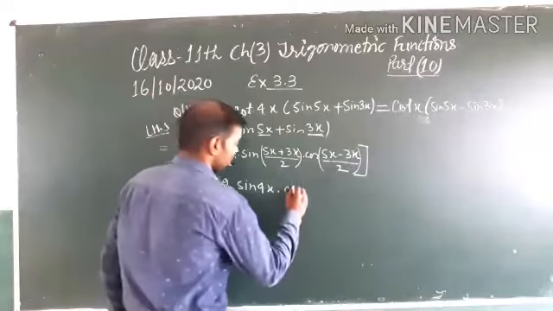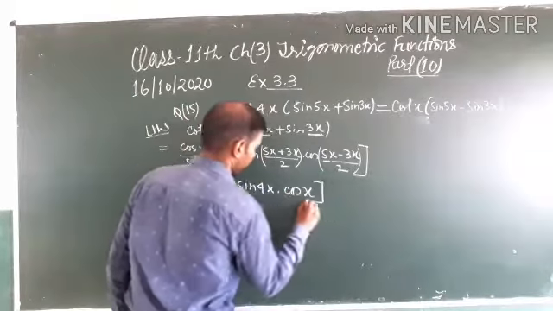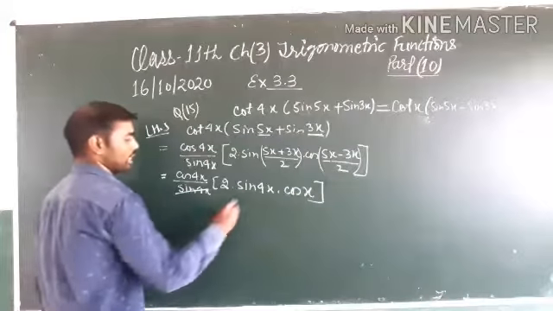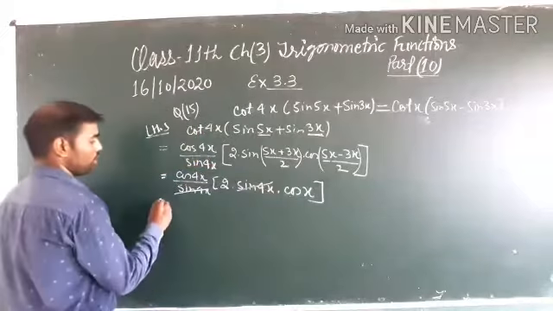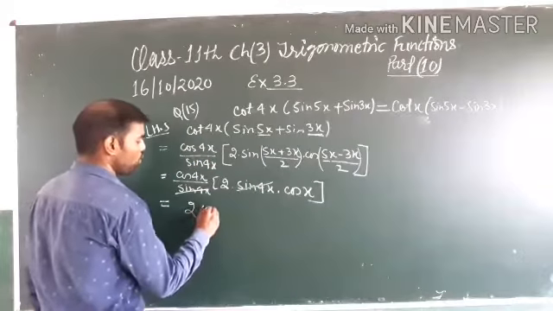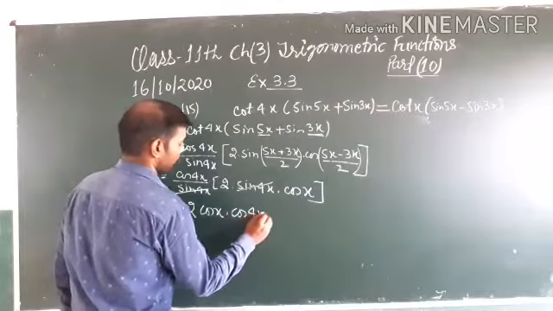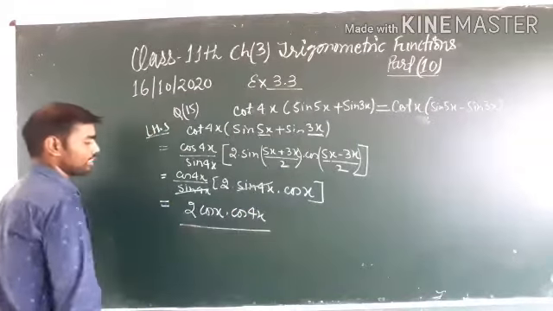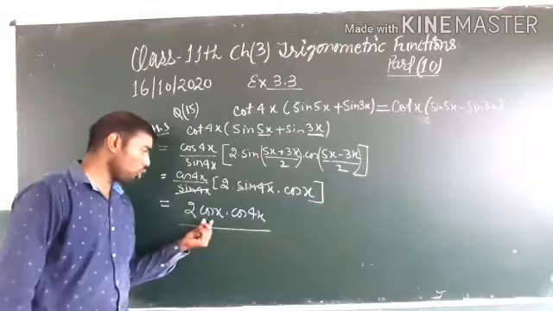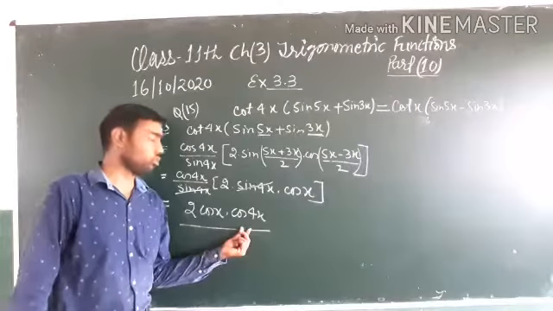It means cos x. Now this sin 4x and this sin 4x cancel out. What we get is 2 cos x into cos 4x. So the value of the left hand side is 2 cos x into cos 4x.